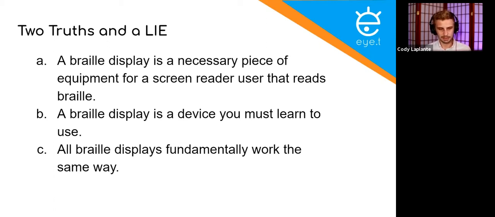Or is it C, all Braille displays fundamentally, that means at a basic level, work the same way? Which one is the lie? Is it A, a Braille display is a necessary piece of equipment for a screen reader user that reads Braille? Is it B, a Braille display is a device you must learn to use? Or is it C, all Braille displays fundamentally work the same way?